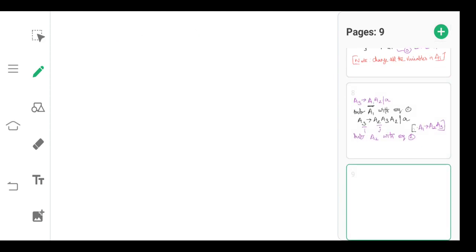So we have the equation A3 produces A2 A3 A2 a.